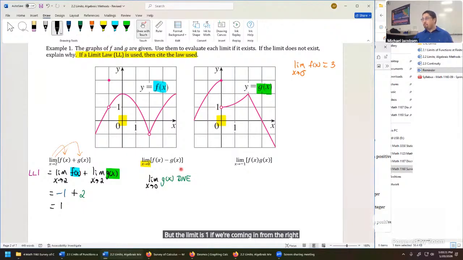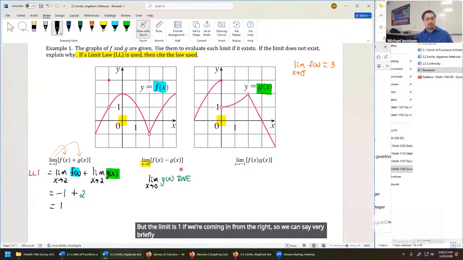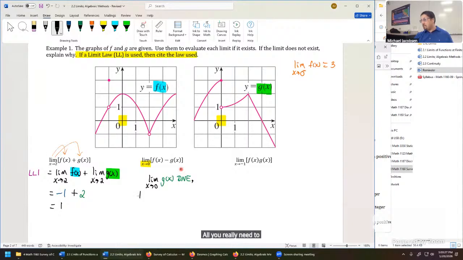So we can say very briefly, if you ever have to explain yourself, say on a quiz or exam, all you really need to say is the left-hand and right-hand limits are different.